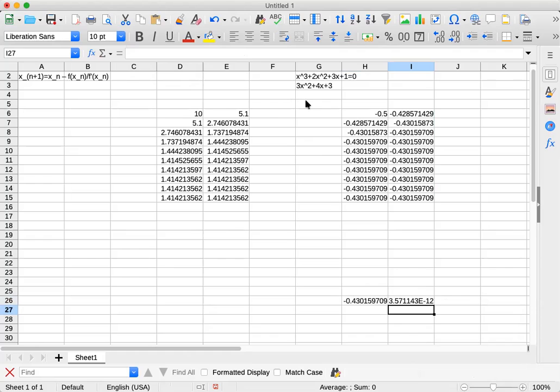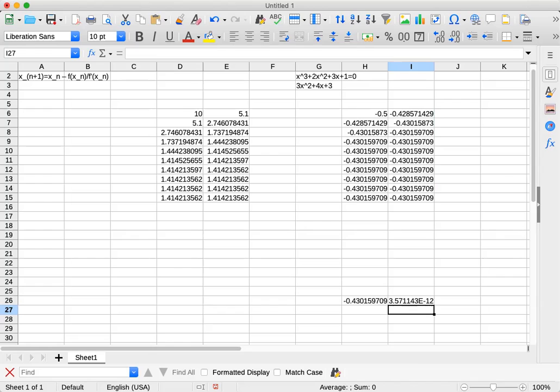And now you see we're getting a very small value for f of x. It is 3.5 times 10 to the minus 12. So f of this x is close to 0, approximately 3 trillionths, which means that, yes, we got a pretty good solution.